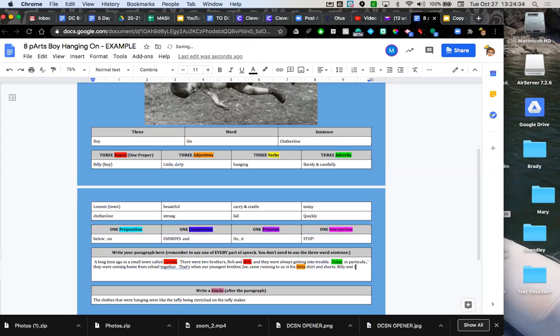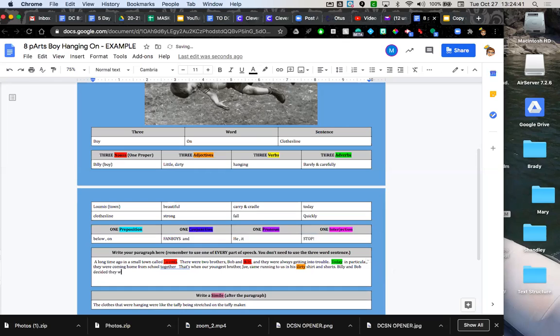Billy and Bob decided they wanted to hang Joe on the clothesline. Okay, so now I've got hang, which is a verb, right?